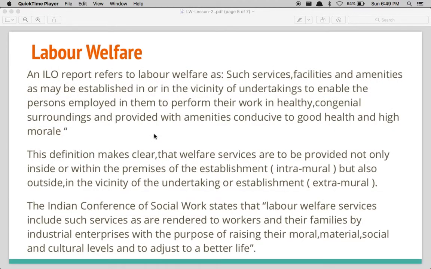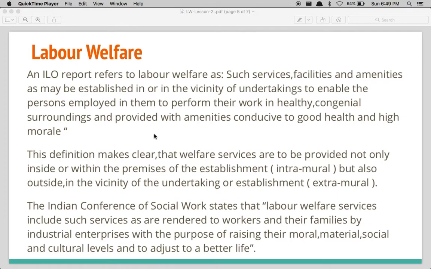An ILO report refers to labor welfare as such services, facilities, and amenities as may be established in or in the vicinity of undertakings. That means within the surrounding area of the undertakings. Undertaking in this sense means factories or establishments.